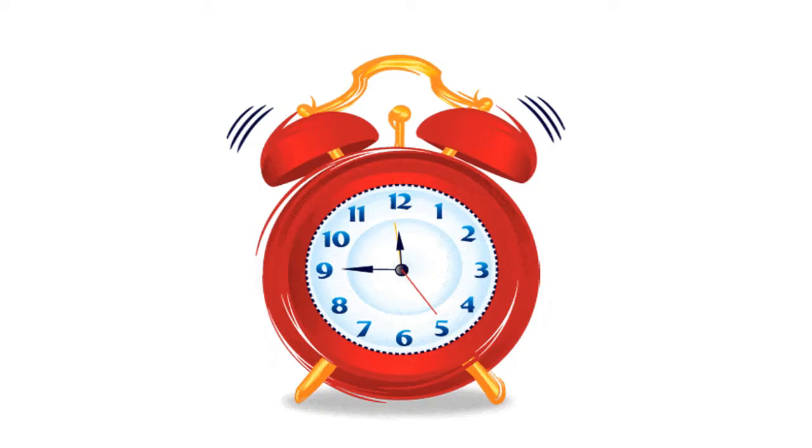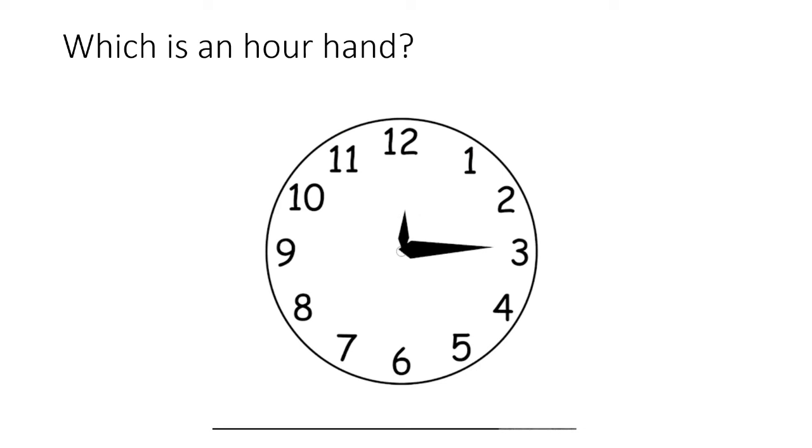Let's have a short test, kids. May I see if you really get something from our lesson? Which is an hour hand? You're going to choose here which is an hour hand.